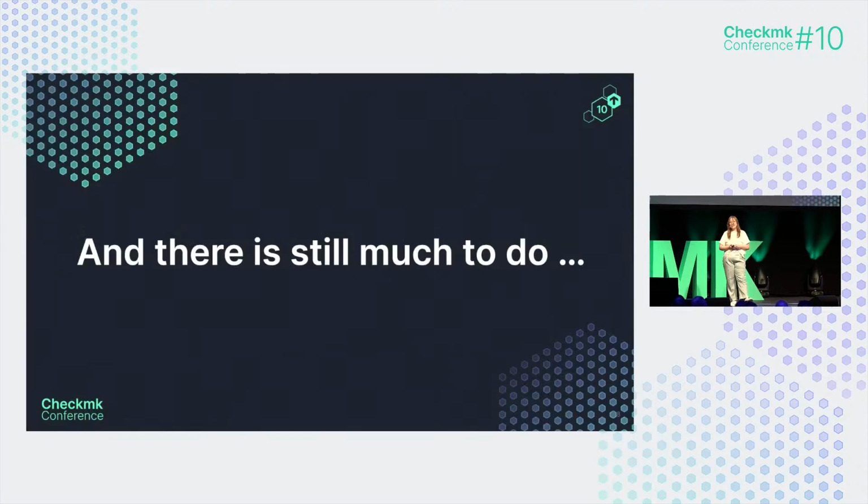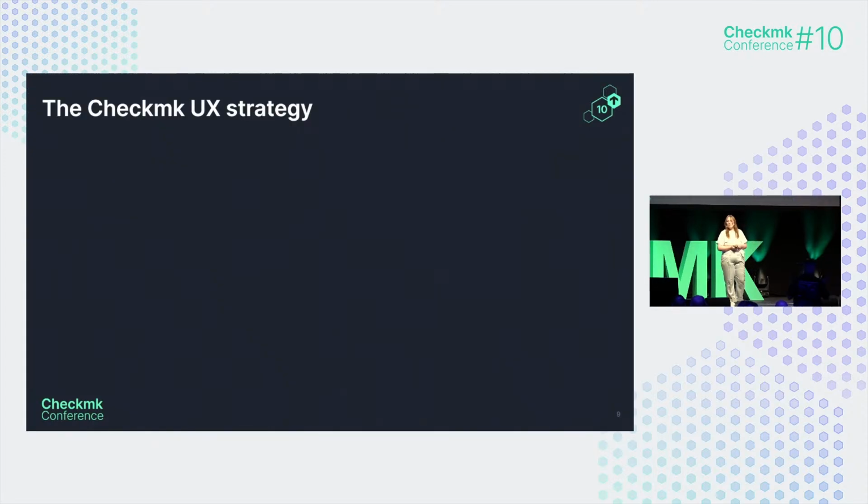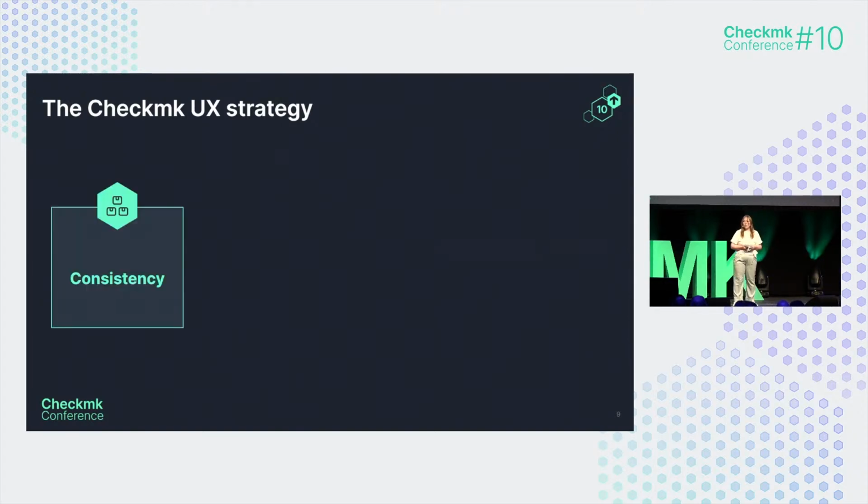And yeah, you know, there's still so much to do. To tackle that, we defined a UX strategy. We want to continuously improve and evolve the user experience of Checkmk. This strategy consists of 4 pillars. The first one, consistency. We want to make things predictable so you can navigate Checkmk effortlessly.